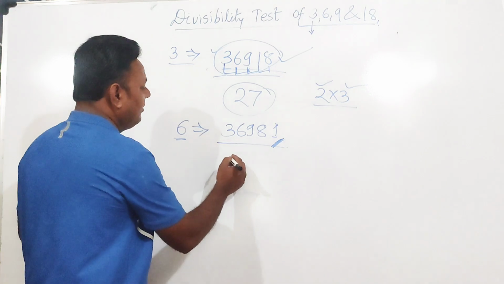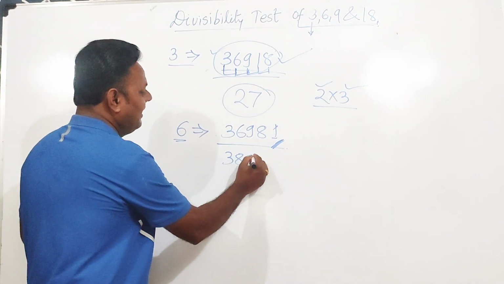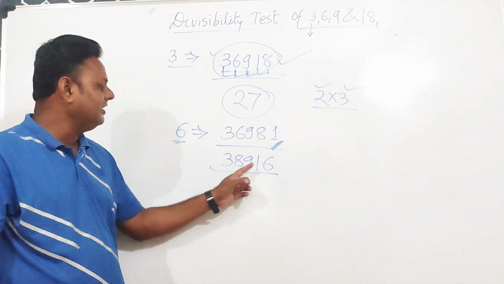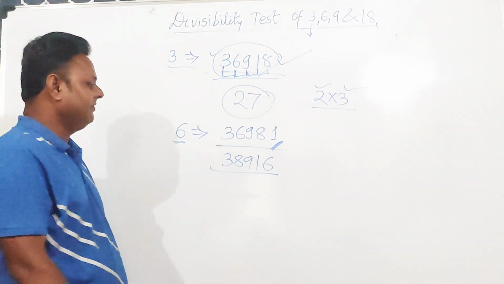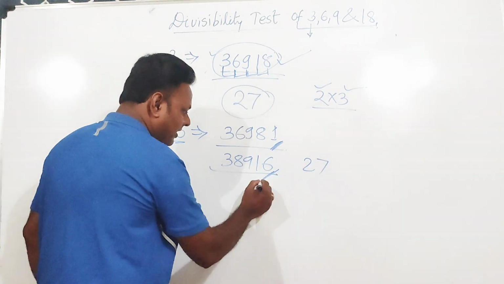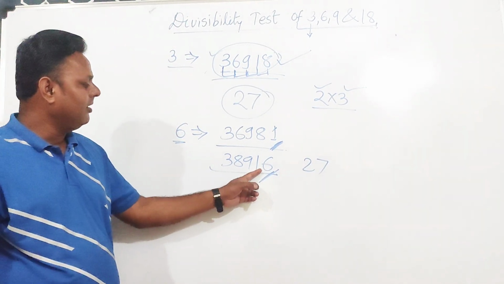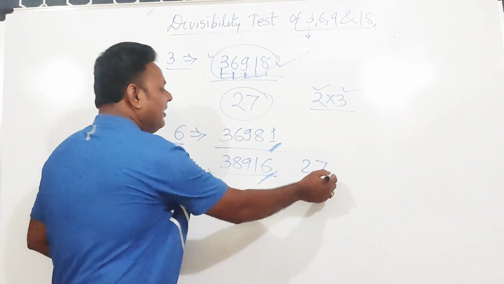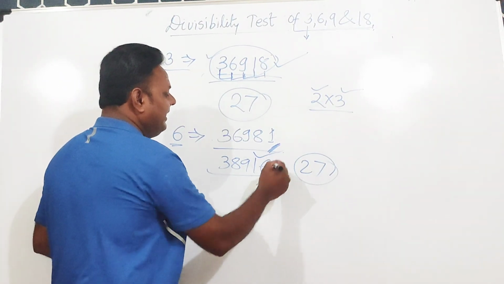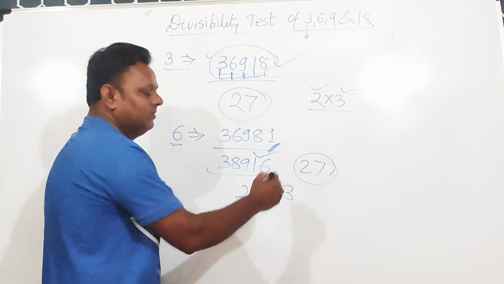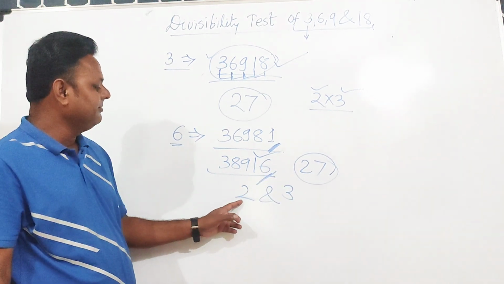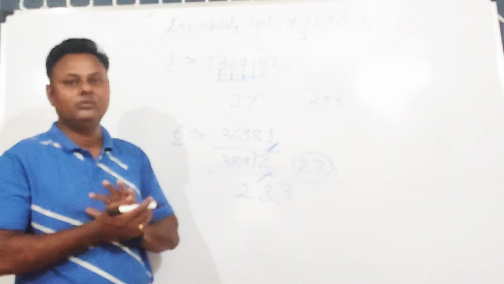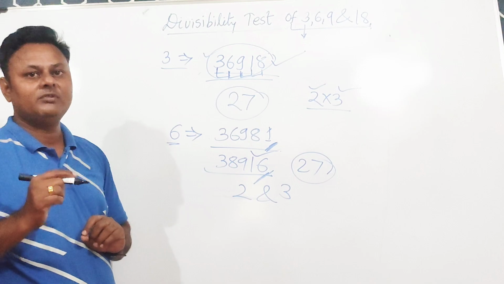So if we write a number like this, 3, 8, 9, 1 and 6, the addition of all the digits is also 27, and this number is even because at its unit place it has a 6. So the whole number is divisible by 2 and 3. It is divisible by 3, it is divisible by 2, that means it is divisible by 6 also. So that is the divisibility test of 6.